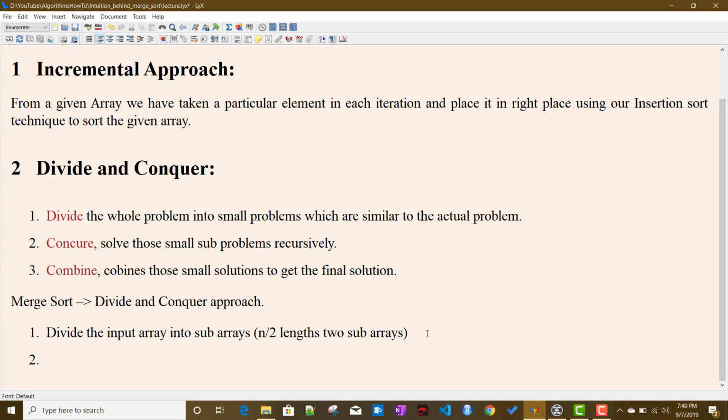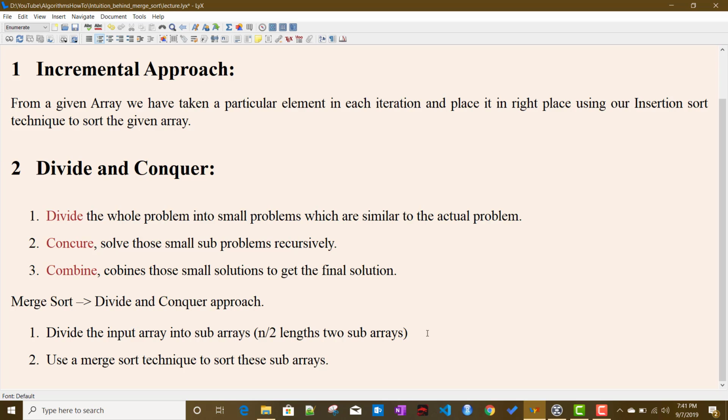So in the divide portion, we just divided the input array into n by 2. Now in the conquer stage, we use a merge sort technique to sort these sub arrays.